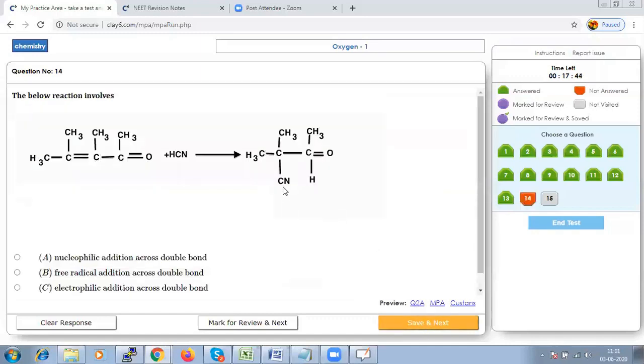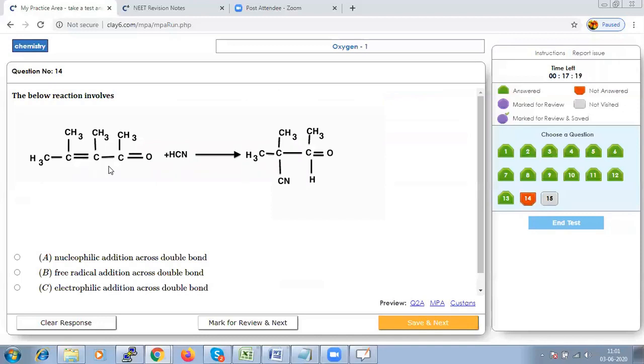The below reaction involves what, in the given reaction? When we talk about the given reaction, it is simple: nucleophilic addition across the double bond. CN is moving and getting attached here and the bond breaks from here.